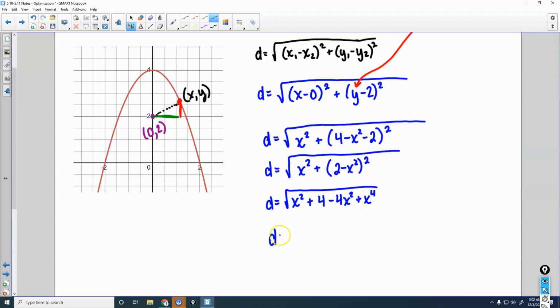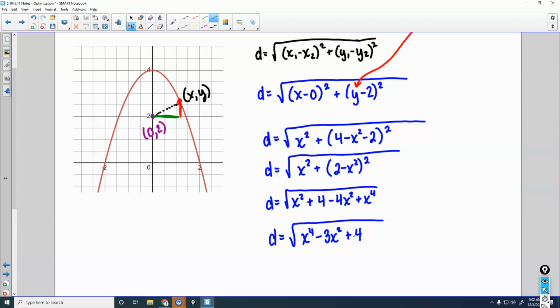If we combine like terms, that gets us down to x to the 4th minus 3x squared plus 4. Actually, we're going to do most of this one by hand, too. We might not do the last step. I can't remember what this turns out like. We might be able to do the whole thing by hand. Okay, so our distance formula is the square root of this stuff.